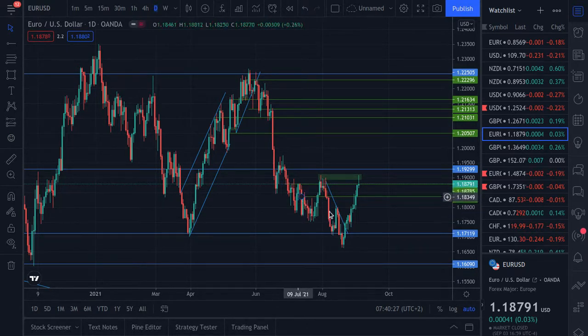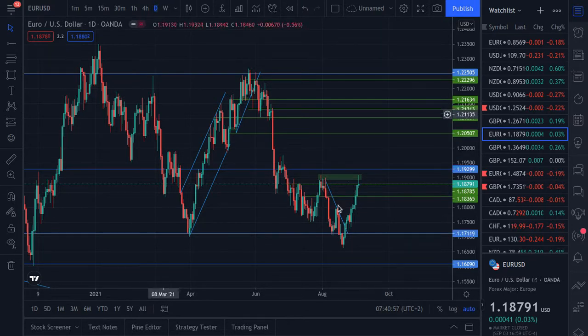This coming week, I'm going to be looking for an opportunity to sell Euro USD. It might not be for a very long time, but I'm expecting it to probably hit this low before pulling back up, or it might pull down a little bit and then pull further back up.